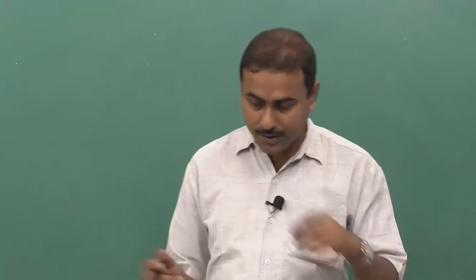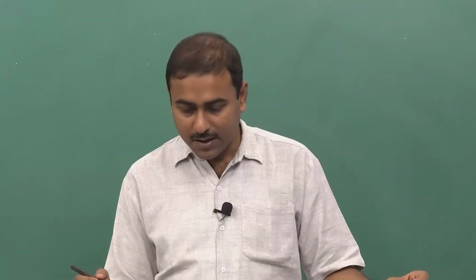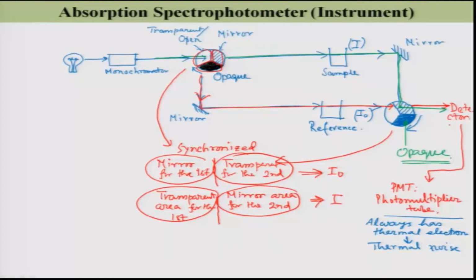So, instead of measuring the actual value of I, when you are measuring this I0 or I at the PMT, the intensity coming from the thermal electrons is also added to it.